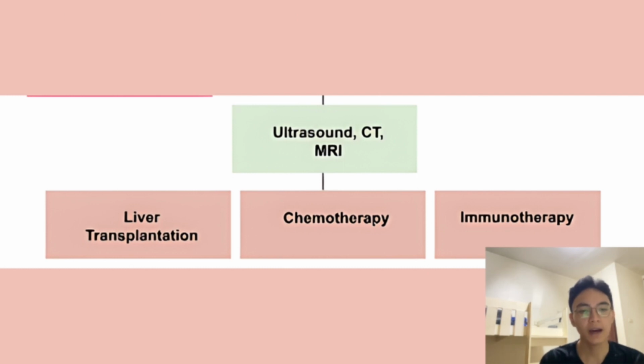So lastly, we have immunotherapy. So what is immunotherapy? It is a treatment that uses a person's own immune system to fight off the cancer. Immunotherapy can boost or change how the immune system works. It can find, detect, and help attack the cancer cells.